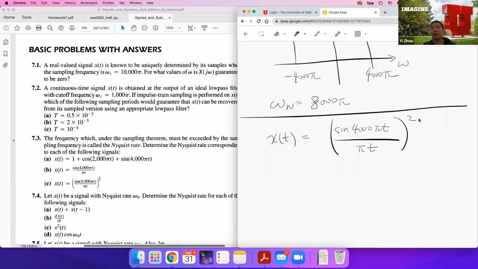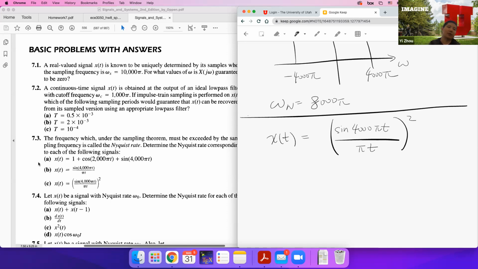Do you have any ideas? The sinc function raised to the power of 2. Any comments? Maybe you should think about utilizing some properties of the Fourier transform to simplify the calculation.